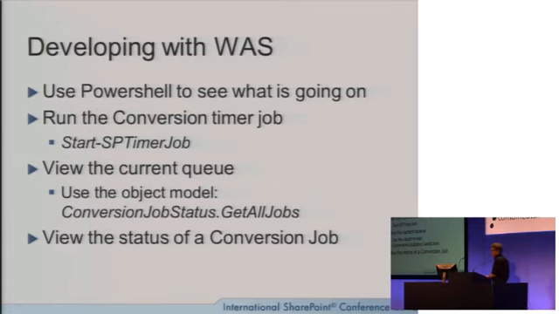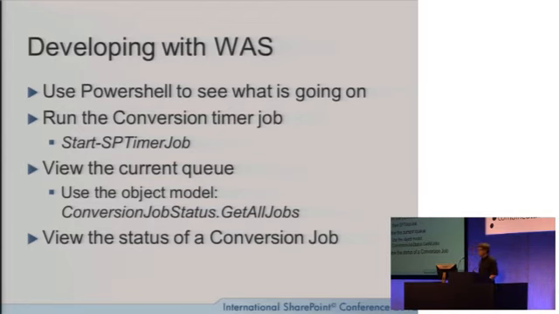I showed you start SP timer job, but unless you've actually saved the conversion job ID somewhere, you won't be able to necessarily find that job again, unless you use the conversion job status get all jobs. In a dev scenario, you can just spin up some PowerShell and get all the jobs, and you'll find out which ones are waiting, which ones are paused.